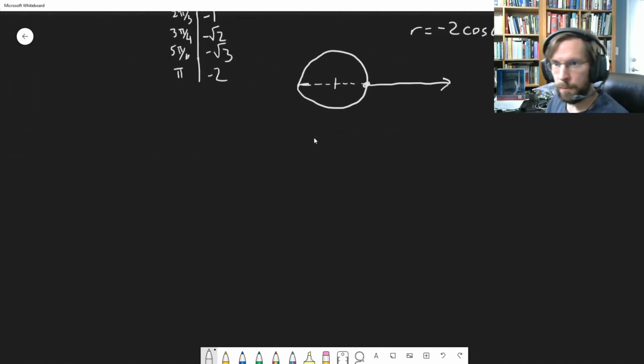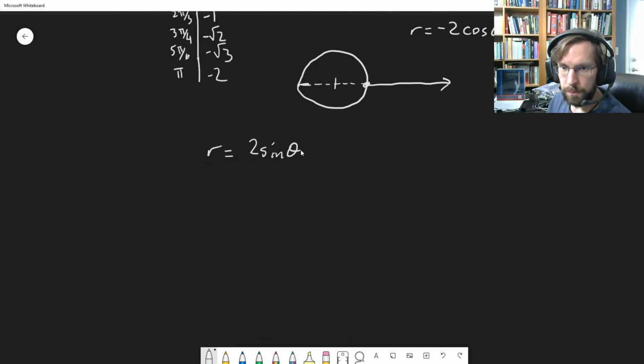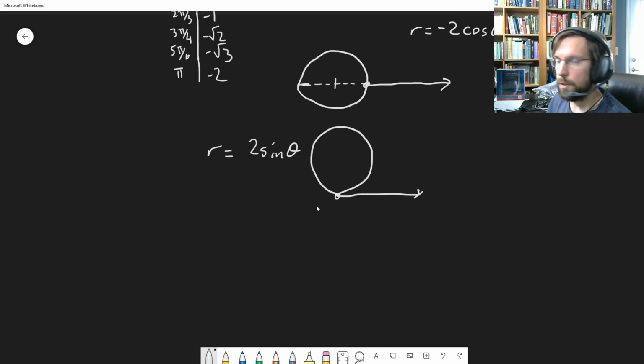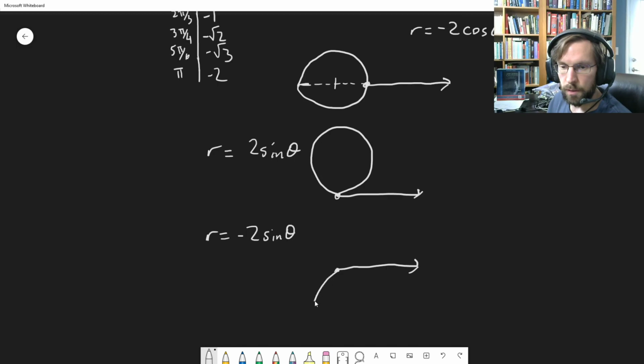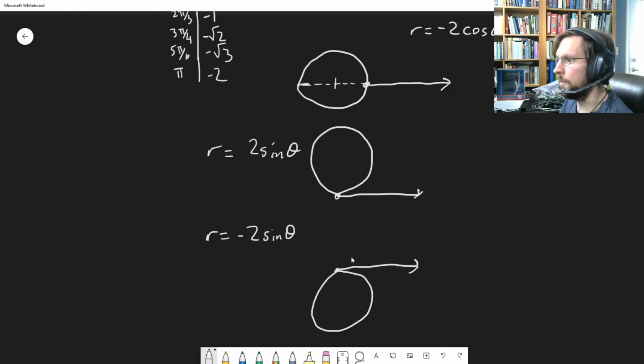Relatedly, if we take r equaling 2 sine theta, that is also a circle tangent to the pole, only it's a circle facing upward, and r equals negative 2 sine theta is going to be, again, another circle tangent to the pole, but this time facing down.